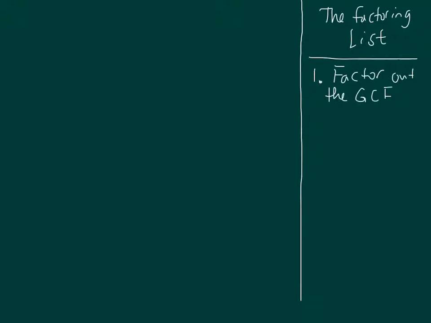And after you do that, or if you can't do that, then the second step, we can only do the second step if we have four terms. But if you have four terms, you're going to try factoring by grouping.